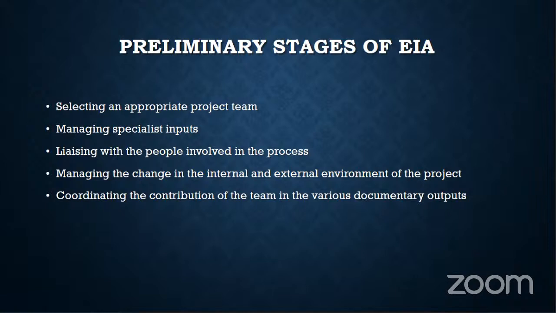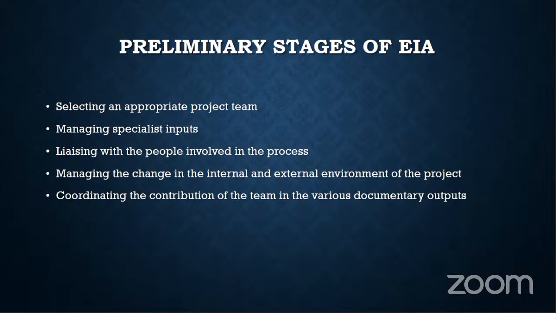In the preliminary stages of EIA, we need to select an appropriate project team, headed by a project leader and some other subordinates. Later, we need to take managing specialist inputs.